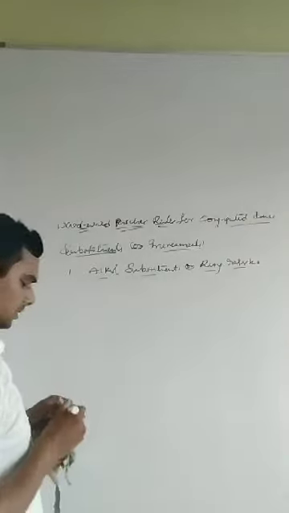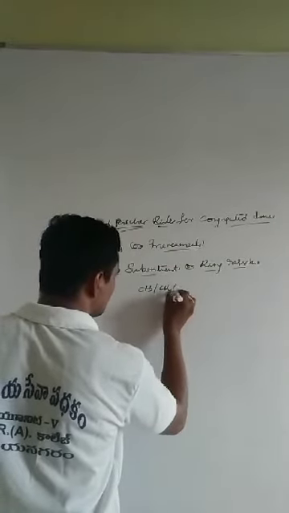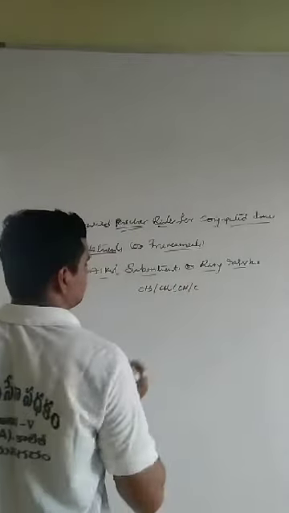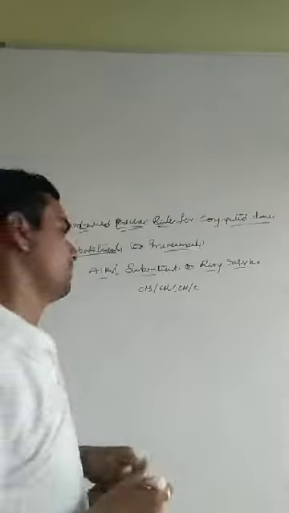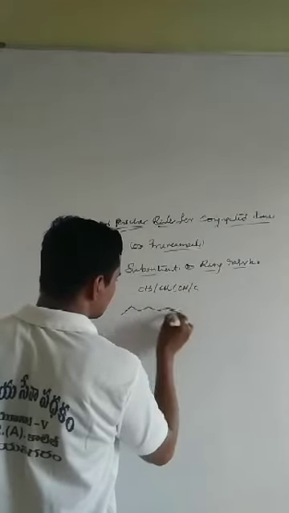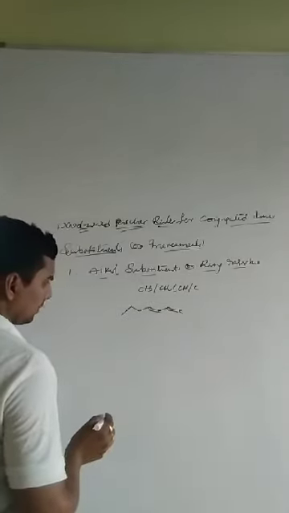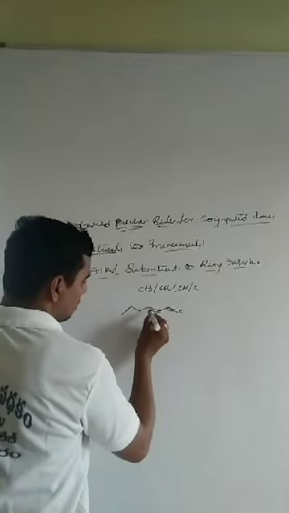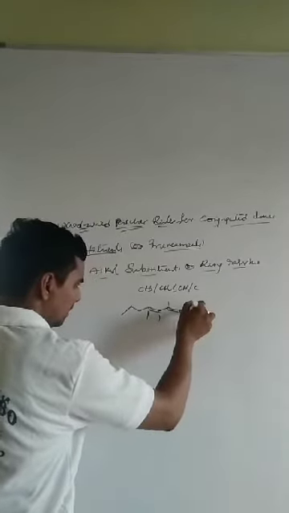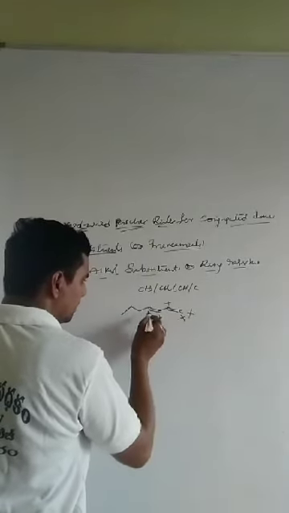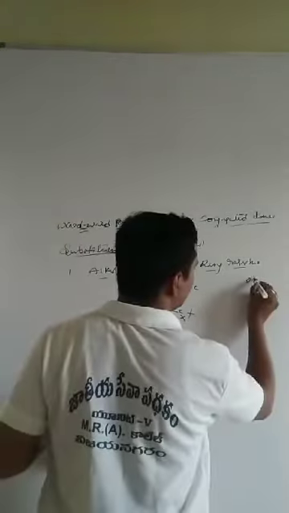Alkyl substituent means alkyl groups like CH3, CH2, CH or C. These are the alkyl substituents present on the conjugate system. For example, this is the conjugate system. If the conjugate system has some substituents, then another absorption takes place, and each has a value of 5 nanometers.